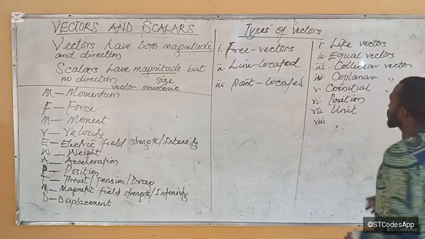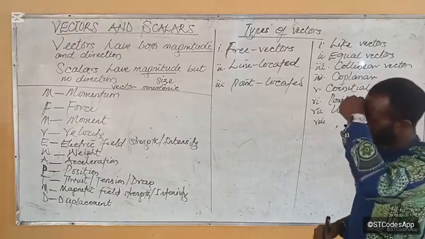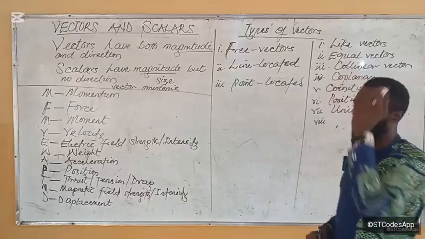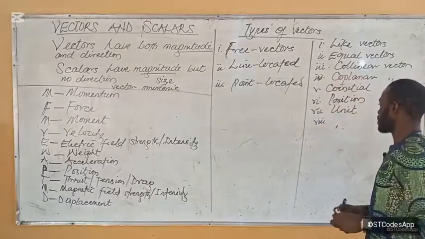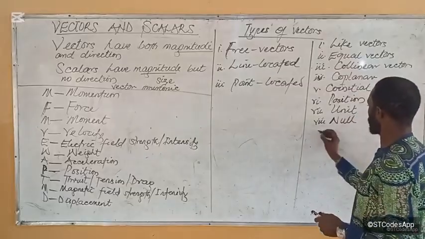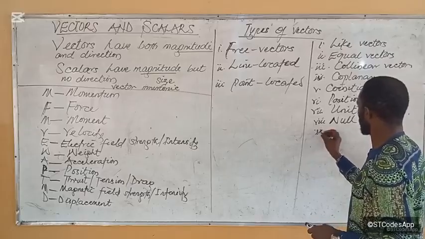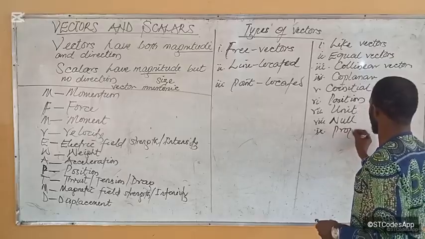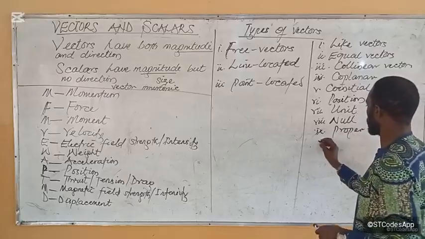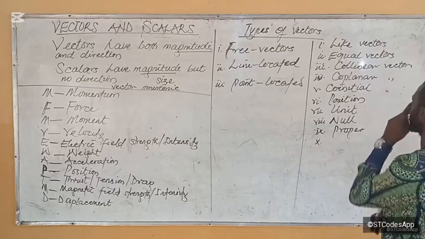We have position, equal, like, unit, coplanar, collinear, and co-initial. We also have null vectors and proper vectors, and I think there are about 10. Which other one have we not mentioned?